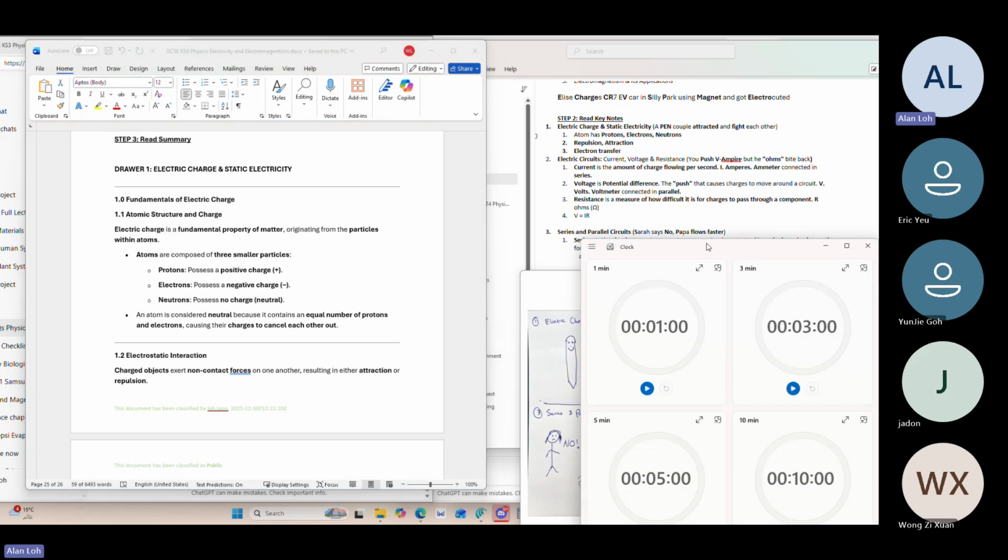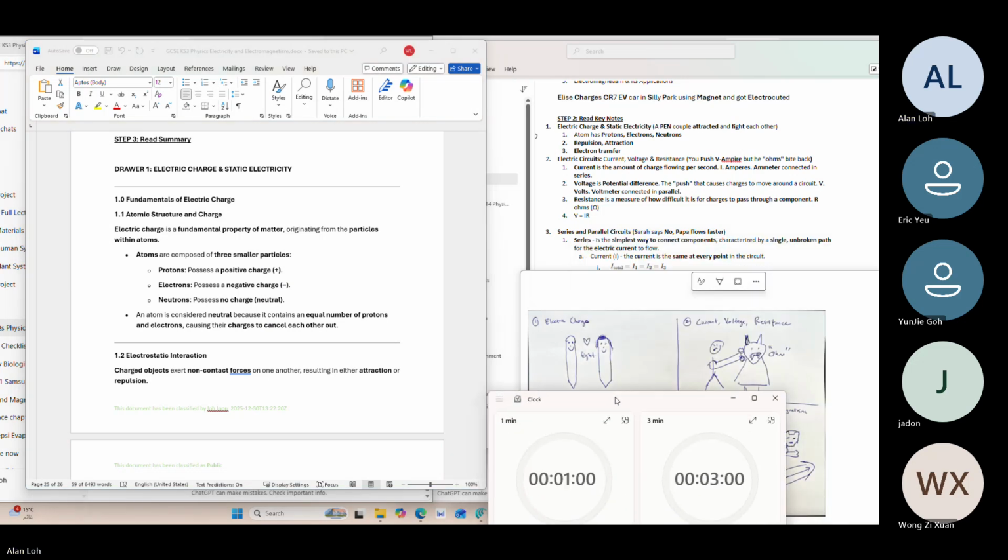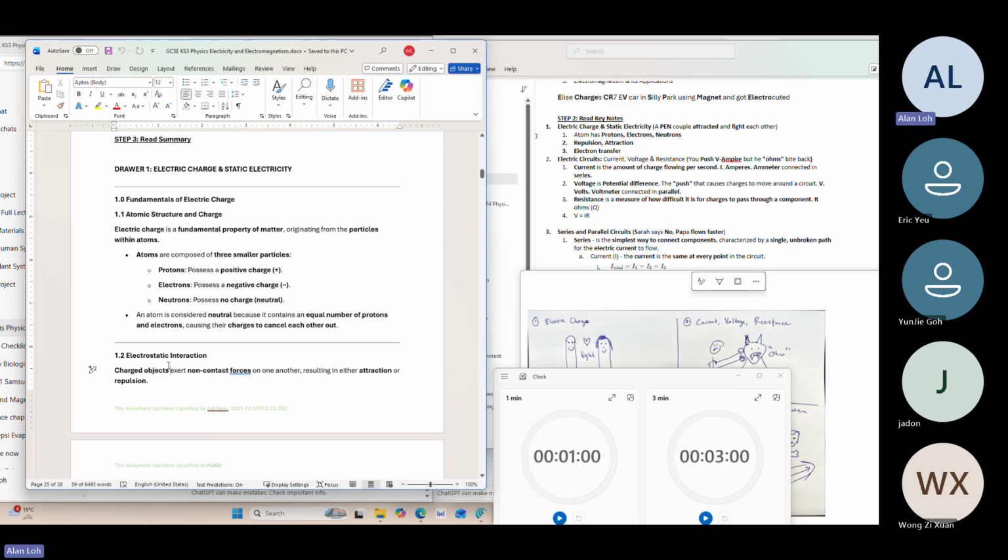Okay, let's do this one for 30 seconds. Let's read this one for 30 seconds.